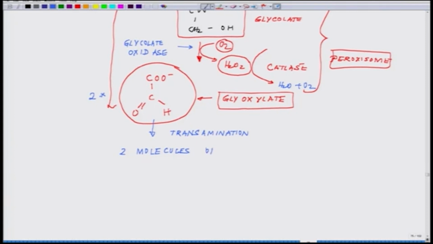Two molecules of glycine, which is the most simplistic amino acid. Next, these two molecules of glycine are converted in the mitochondria.